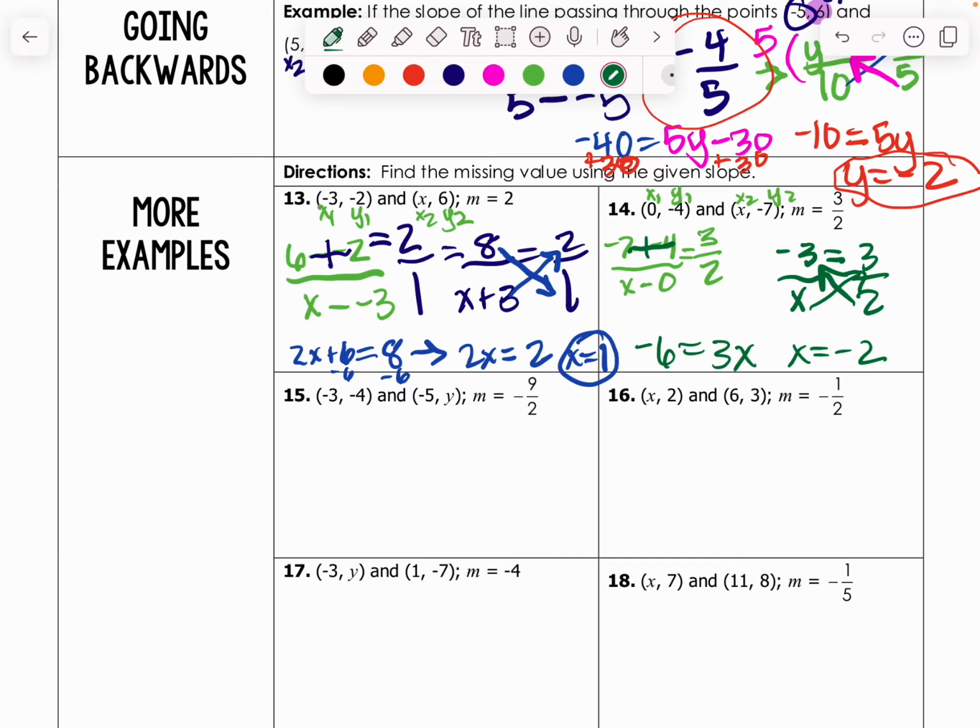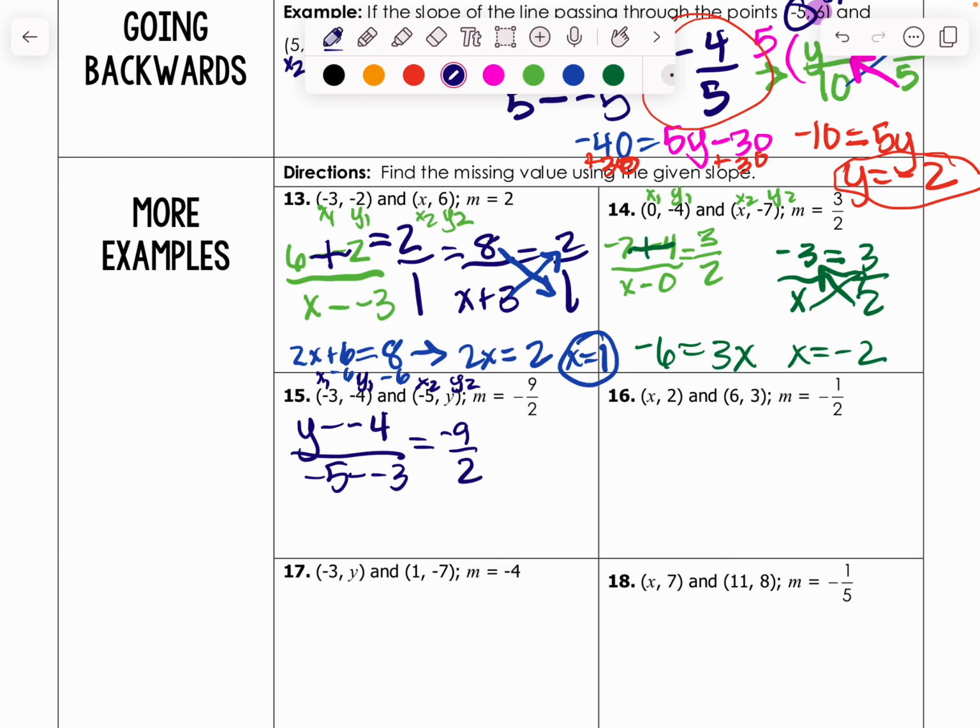Okay, I'll do one more and then I'll let you apply solo. Okay, so 15. X1, Y1, X2, Y2. We have Y2, which is Y, minus a negative 4, all over a negative 5 minus a negative 3 equals negative 9 over 2. Okay, so that is Y plus 4 all over, this will change to a positive, negative 2.